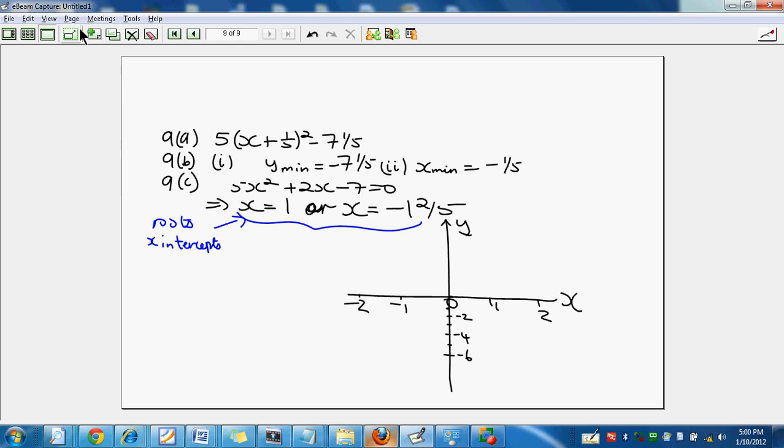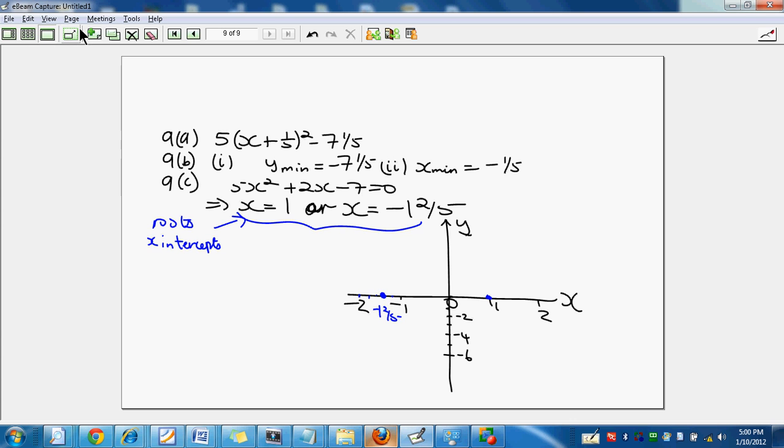It means then that this curve is going to cut through x equal to 1 there and x equal to minus 1 and 2/5. So if this is minus 1 and we were to break this up into 5 parts, just averaging there, minus 1 and 2/5 would be minus 1 and 1/5, minus 1 and 2/5. So this area here will be minus 1 and 2/5.